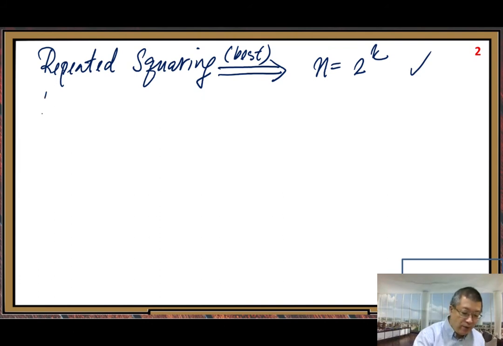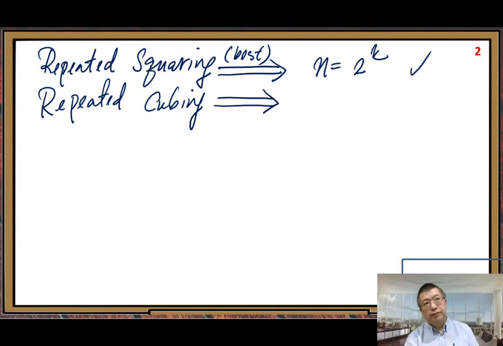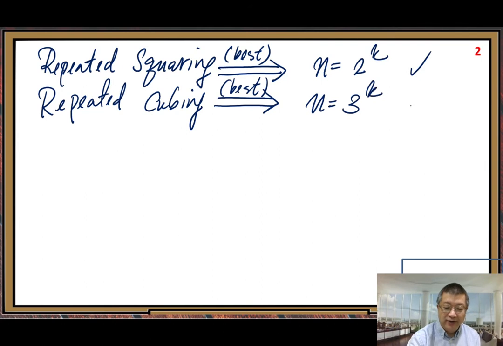Similarly, can we make a similar analogy? For repeated cubing, when does this method perform at its best? This time it should be a power of 3, based on the logic.